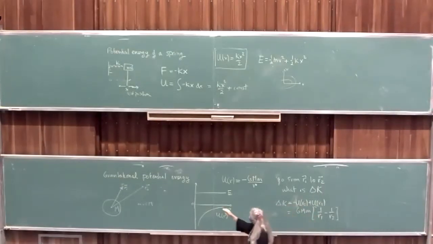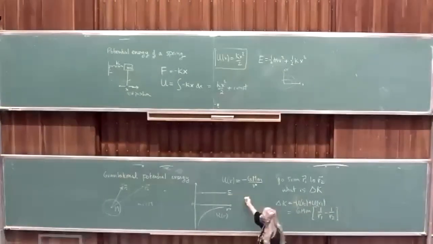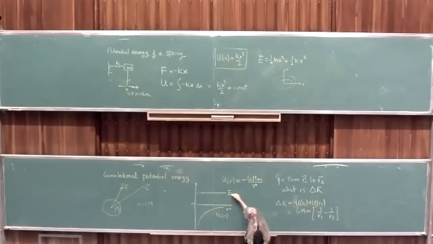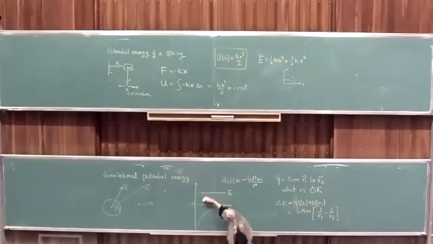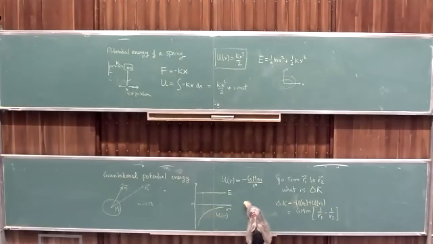I could start here, and the kinetic energy is actually this distance, because remember, E is K plus U. So if I'm at this radius, this would be the kinetic energy. Then as I go further out, there's the kinetic energy.